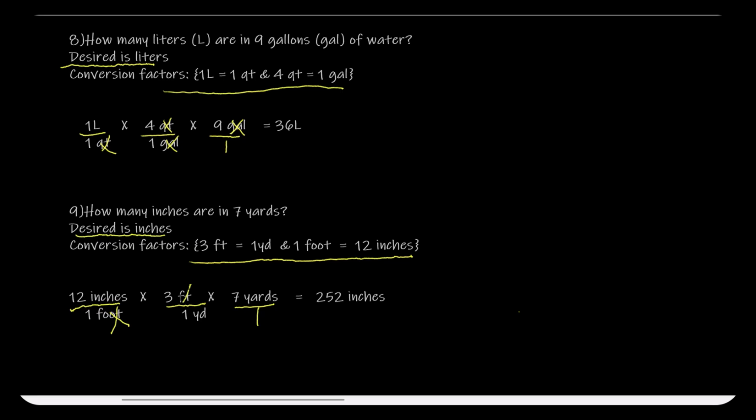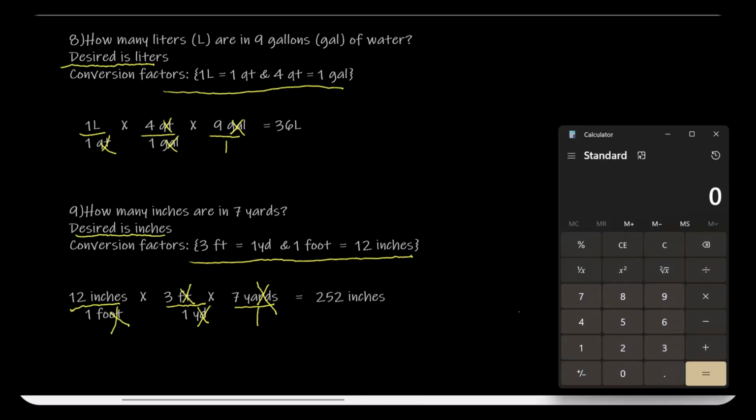Our feet cross-cancel, our yards cross-cancel, and we are left with inches in the numerator position. Next, we multiply across. 12 times 3 times 7 gives us 252 inches for our answer.